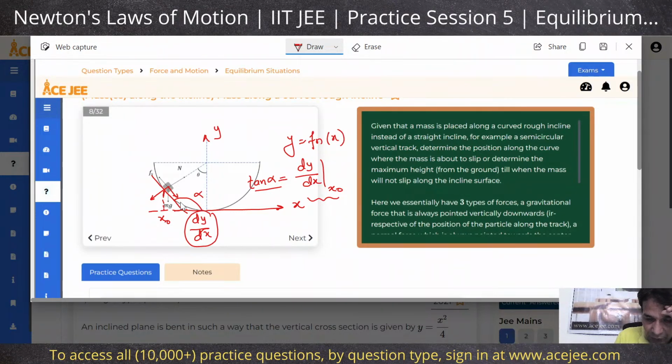If this is alpha, then this one is pi minus alpha. Correct? Yes, sir. Okay. So then this will become, not m2, but simply mg cos of this angle.